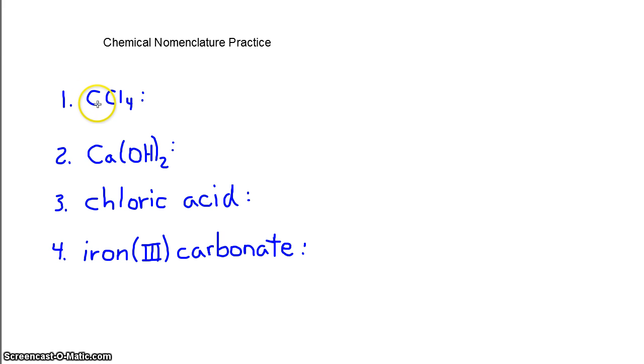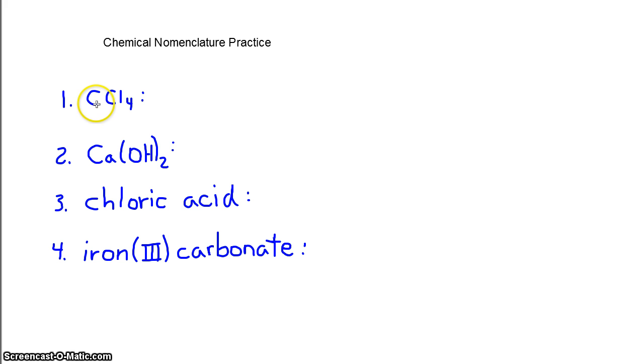In the first example, we were given a formula of CCl4 and asked to determine what the name of this compound is. So to do that, we first need to decide, are we dealing with an ionic compound, or are we dealing with a covalent compound? To answer that question, we need to look carefully at what types of elements make up this compound.